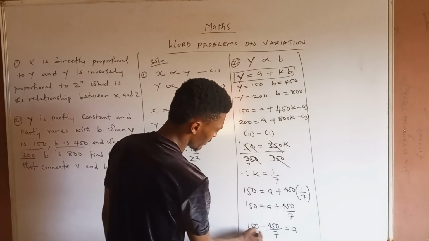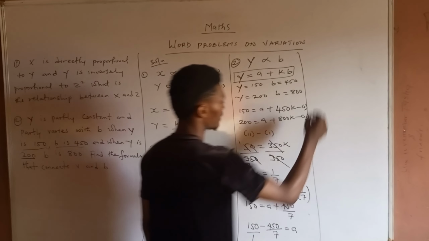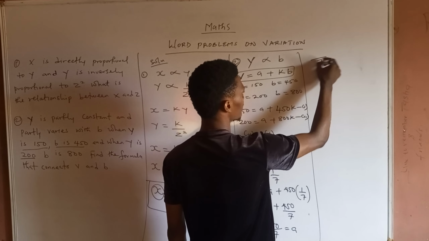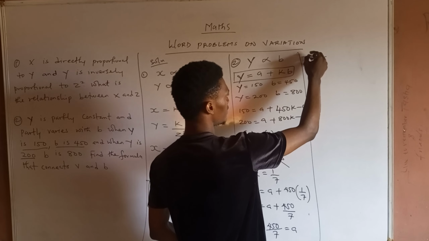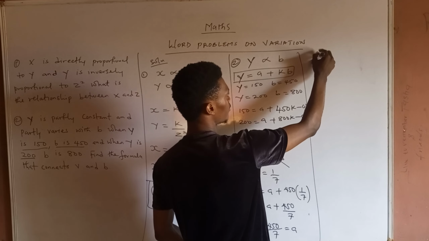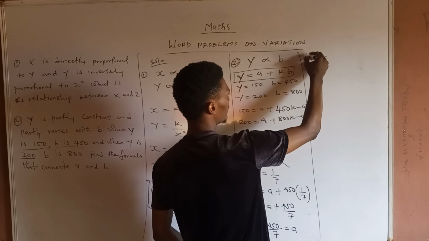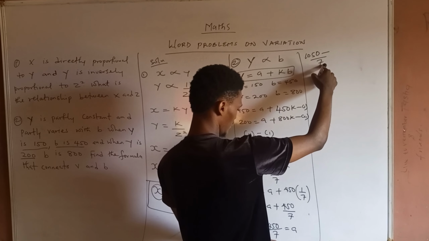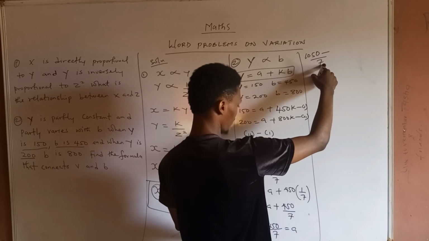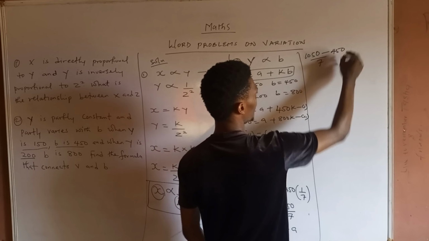So when you make this one over 1, you take the LCM. Now the LCM of 7 and 1 is what? Is 7. And then 1 into 7 is 7. Then 7 times 150 is 1050. Then minus, 7 into itself is 7, then 1 times 450 is 450.